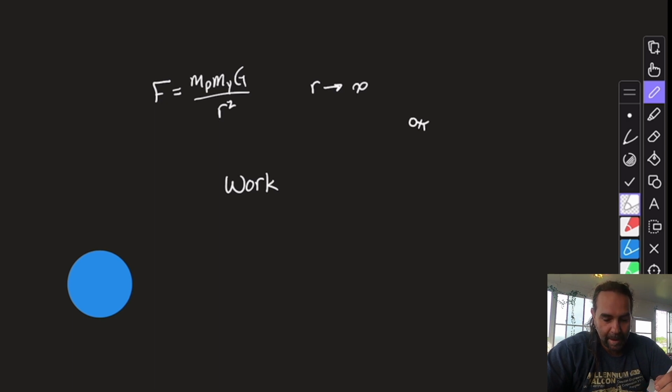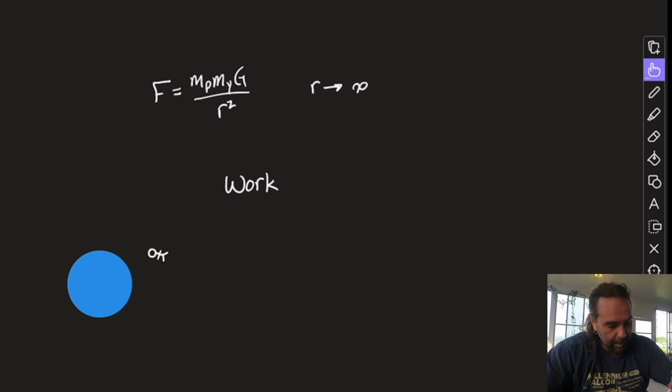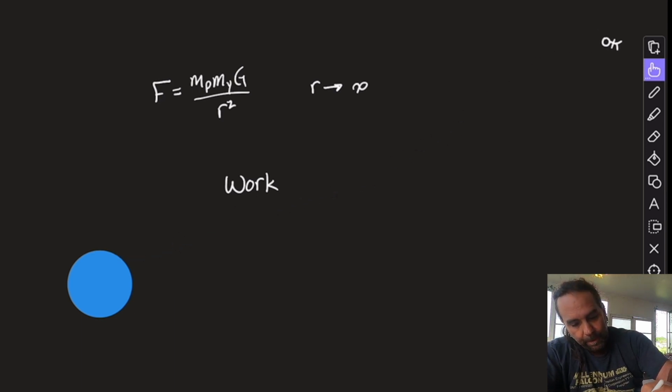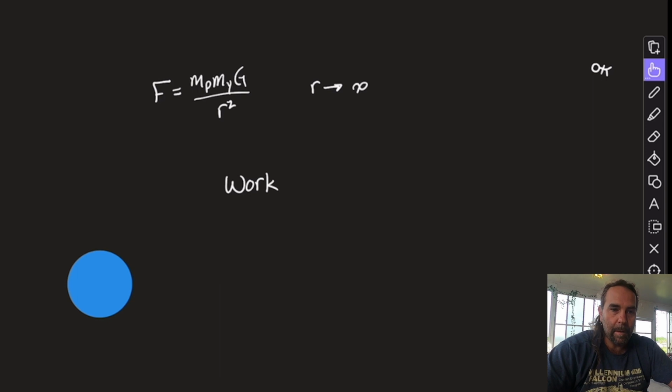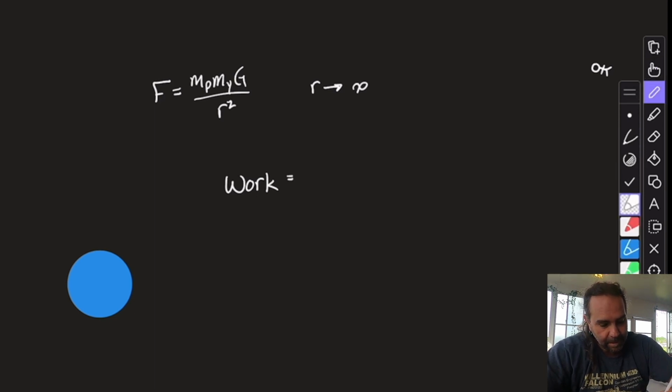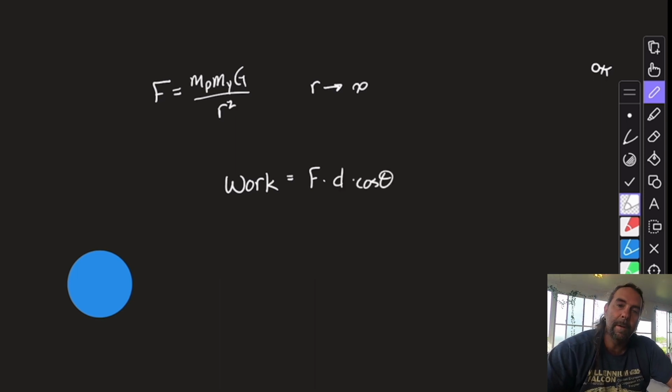So if I want to take you and move you from the Earth to infinity, well, how much work is done to take you and move you to infinity? Normally I would say that is just force times distance, but that assumes times the cosine of the angle between them.